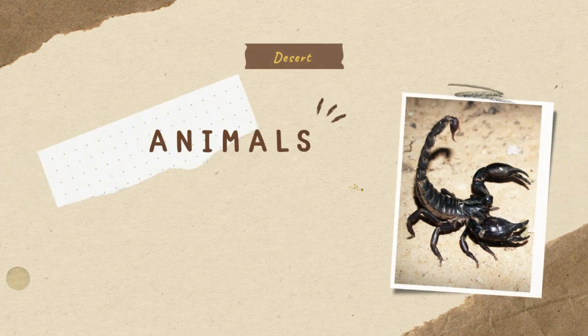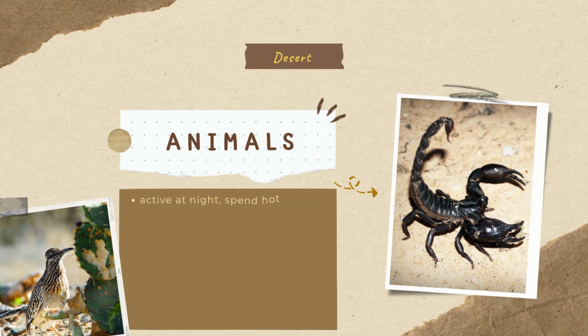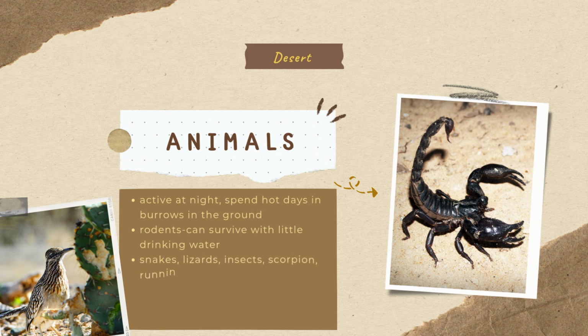Okay, with animals of deserts, technically they are active at night, so that means they are nocturnal, because they spend hot days in burrows in the ground to protect themselves from extreme heat. And rodents that are present here can actually survive with little drinking water. Other types of animals that can be found in a desert are snake, lizard, insect, scorpion, running birds, and rodents.